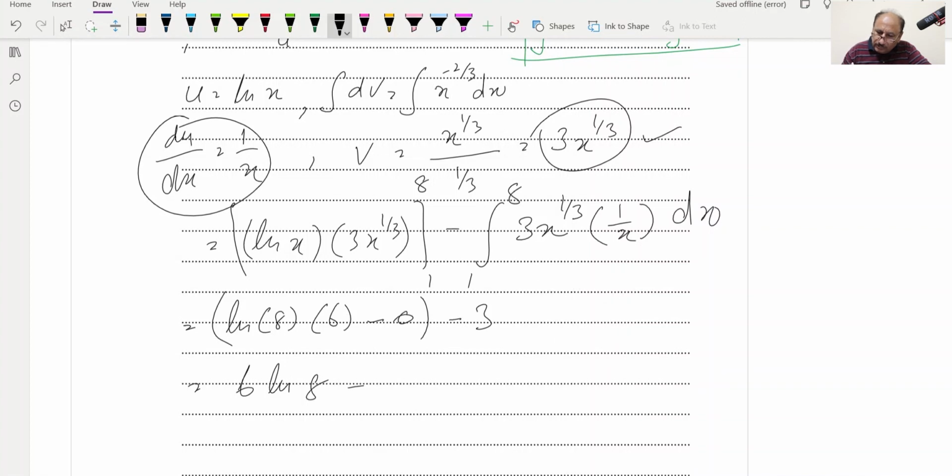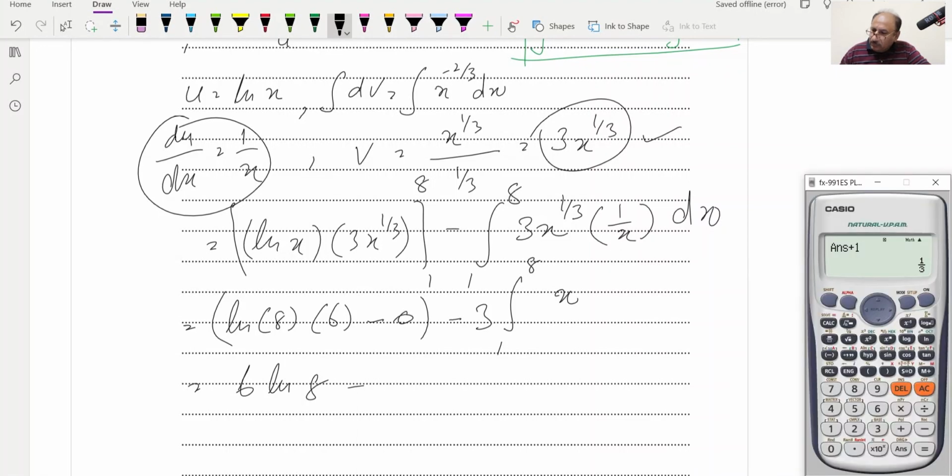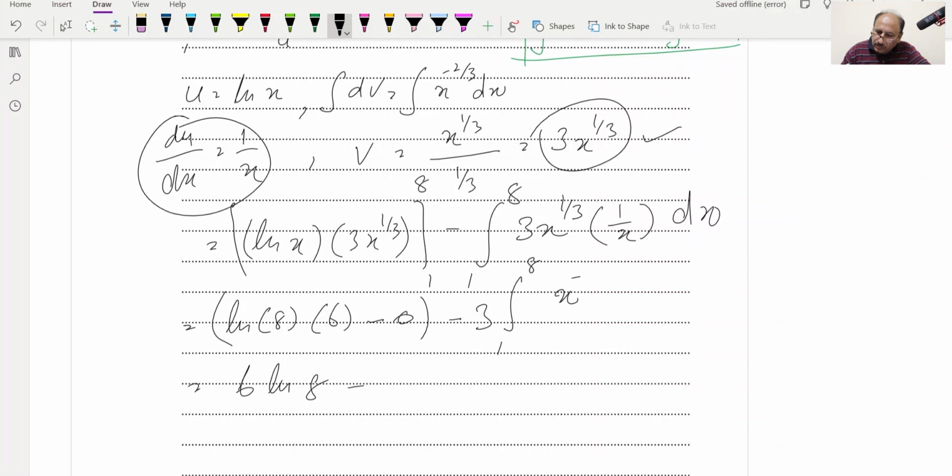First, the integral from 1 to 8 of x raised to 1 by 3 minus 1, we can shift this to the numerator, so this will be minus 1 by 3 minus 1 over 3, and minus 1 will be minus 2 by 3, dx.